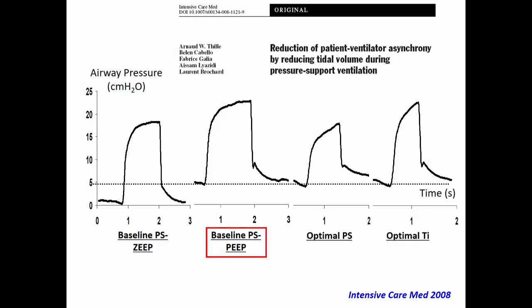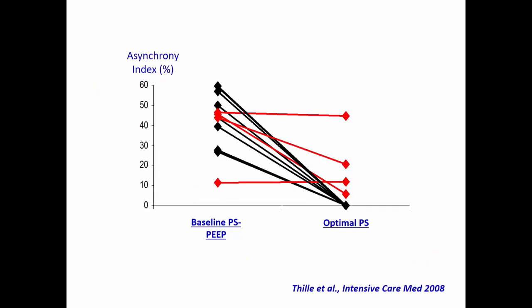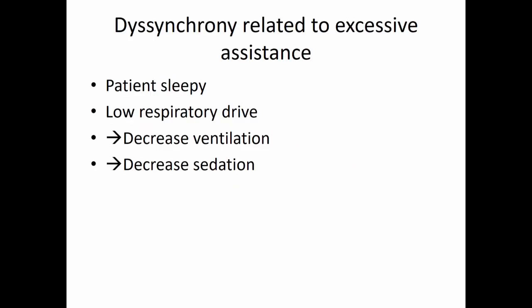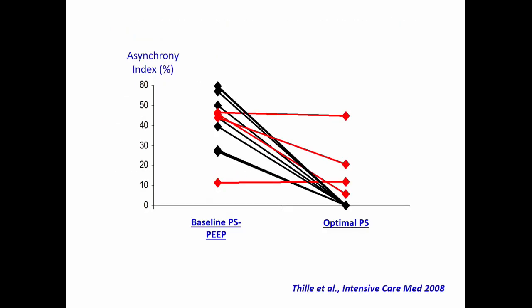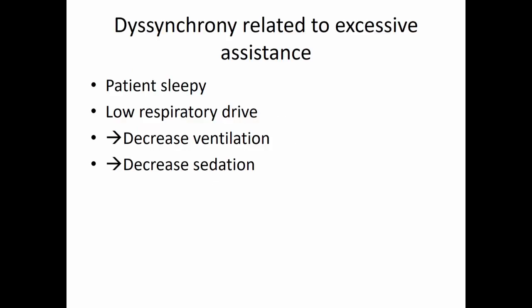So if you click 3 times here, you will then go to the next slide, which shows an example where the patients had a lot of asynchrony, the asynchrony index, I hope you see that on the good slide 23. The asynchrony index is very high, and just by decreasing pressure support, many patients had no asynchrony anymore. The next slide, 24, is now showing the characteristic of this asynchrony related to excessive assistance.